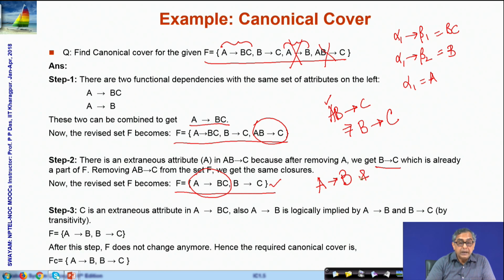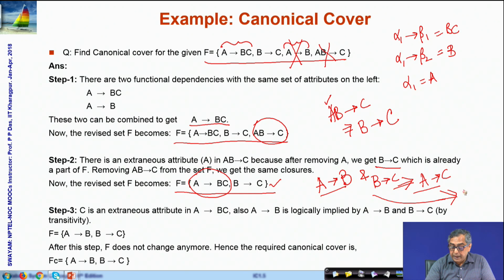So, if C is extraneous, I remove that, then I have A determines B and B determines C. So, these by the transitive law will mean A determines C, and if A determines C and A determines B is already there, then by union I have A determines B C.